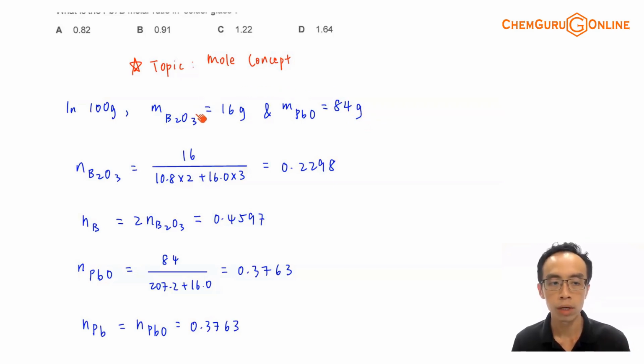So once we have the mass of B2O3, I can work towards finding the number of moles of boron. Moles of B2O3 will be mass over molar mass, 0.2298 moles of B2O3. In 1 mole of B2O3, I have 2 boron. So moles of boron will be 2 times the number of moles of B2O3, which is 0.4597.